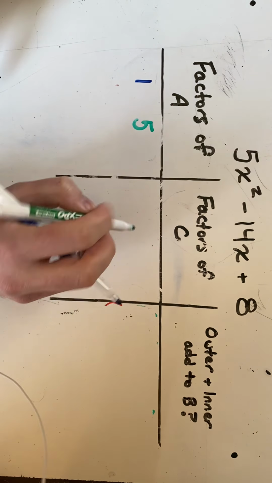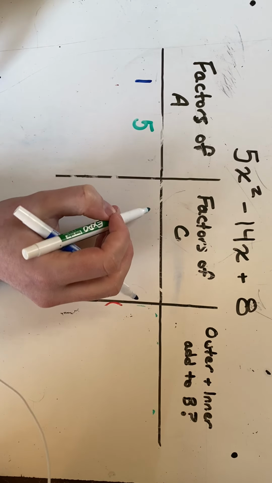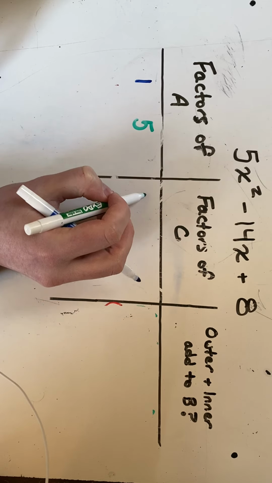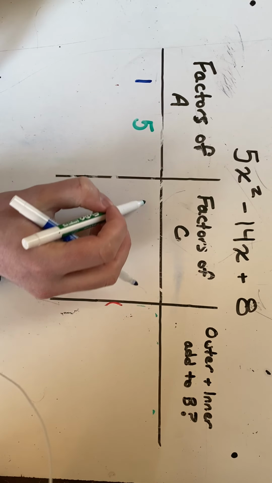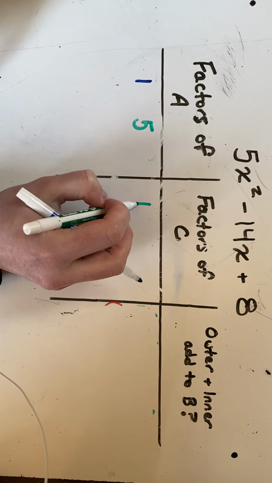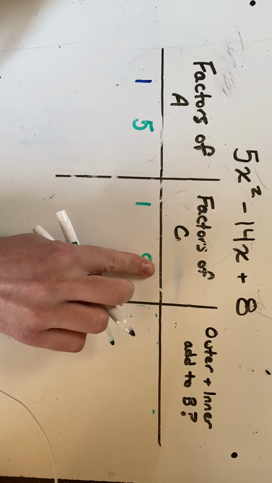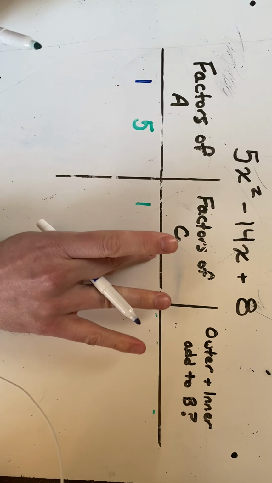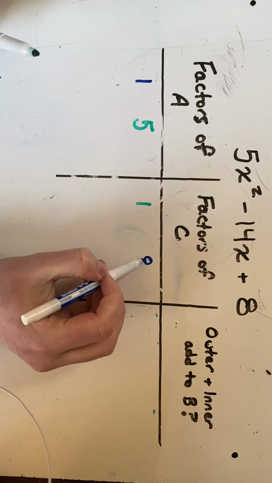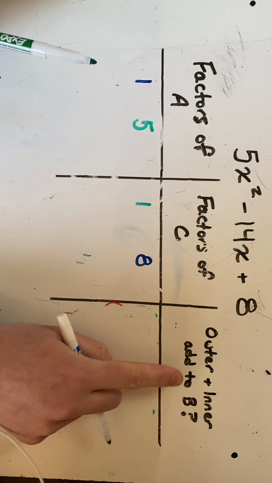Well, my factors of c is 8, so I see that negative 14's here, so eventually I'm going to have a negative, but I don't know, I'll just try 1 and 8, see what happens. So now I do my outer plus my inner.